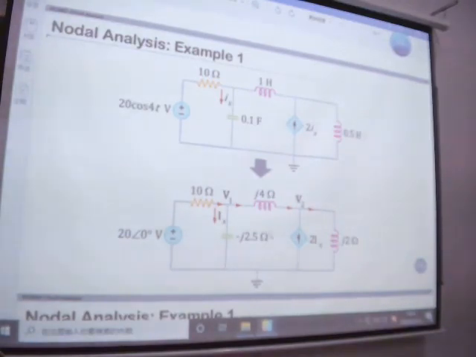Here we can see the first nodal is here, the second nodal is here. So we put V1 here and V2 here. And then we can write out the KCL equation using the nodal voltage. Clear?